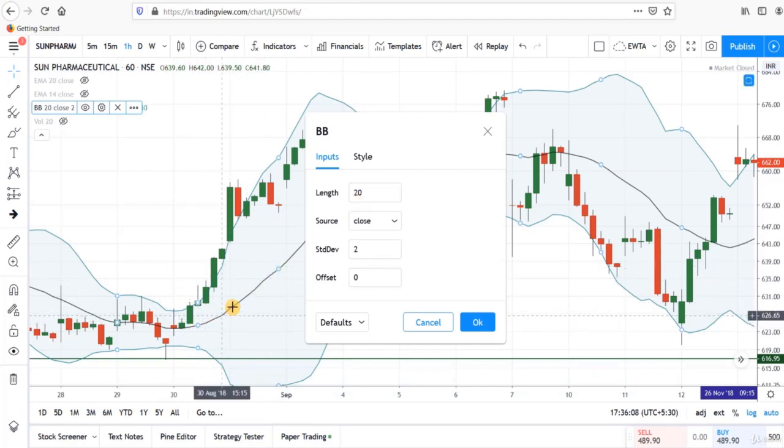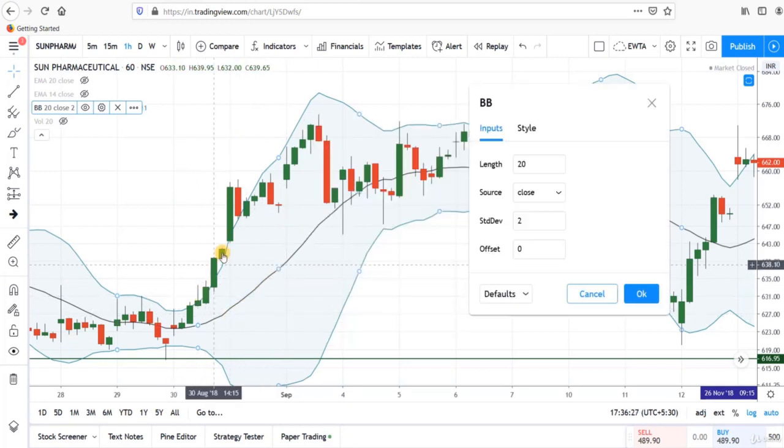The upper band is placed 2 standard deviations above the 20-period moving average, and the lower band is placed 2 standard deviations below it. Of course, you are allowed to use any inputs that you like, but I suggest default settings.